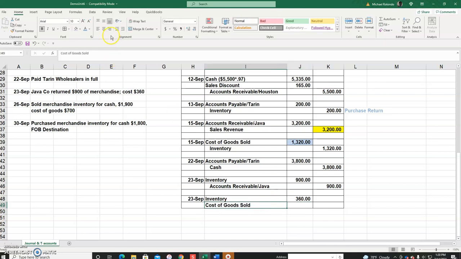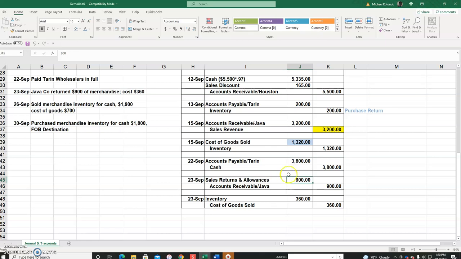Now, a publicly held company would have to do this a little bit differently because, again, they're using that different method. But for us here, we're going to go with what the book does. So this is actually sales returns and allowances, not inventory. That's going to be a reduction in our sales.